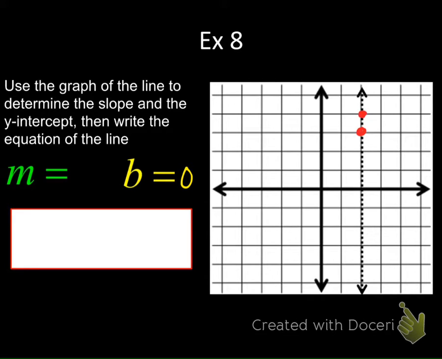So what's the rise? 1 over 0. So what's my slope? 1 over 0. So we can have our rise, we can count down, but we're never going to have the run. So when we go to write this, we're going to put y equals 1 over 0x. We won't put plus 0. It'll be nothing. That's it.